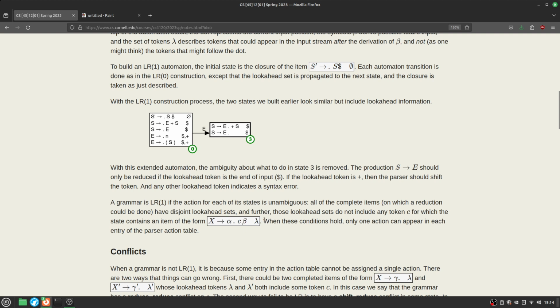Okay, so when these conditions hold, only one action can appear in each entry of the parser action table.